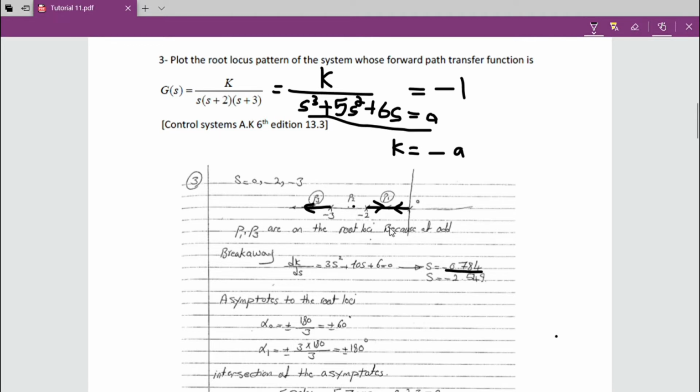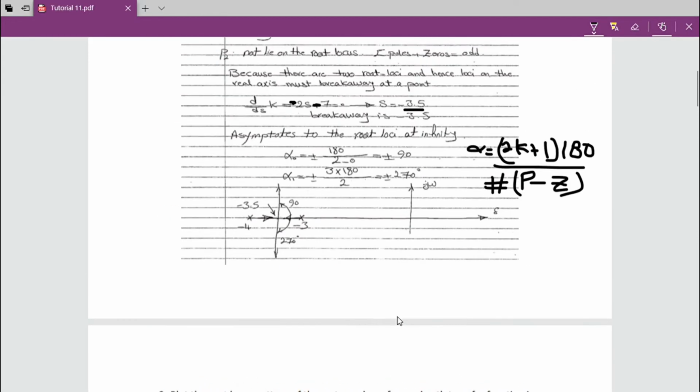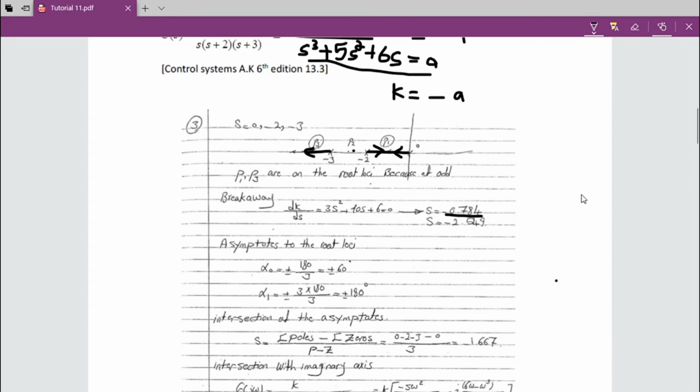Now what we need to do is identify the asymptote and the intersection of the asymptote. To find the asymptote angle, we use this formula: (2k plus 1) times 180 degrees divided by the number of poles minus the number of zeros. The number of poles is 3 and the number of zeros is 0, so you get 3.